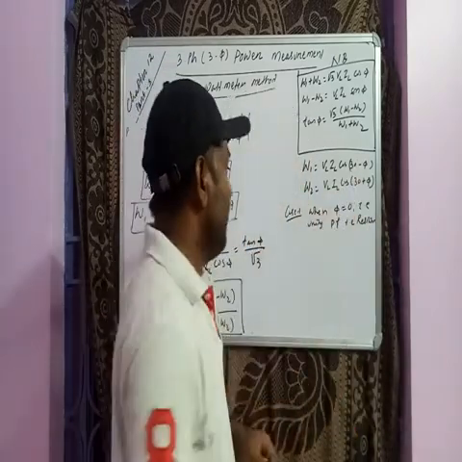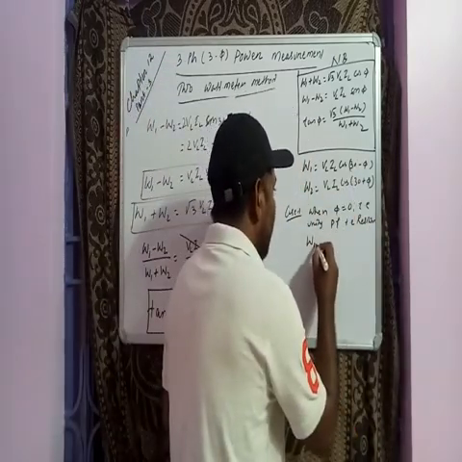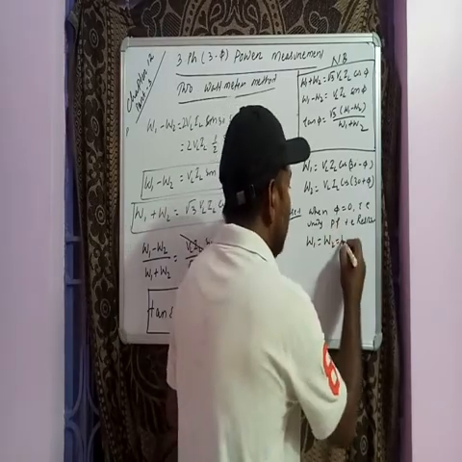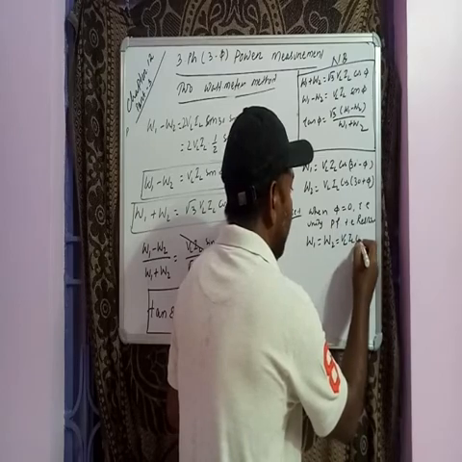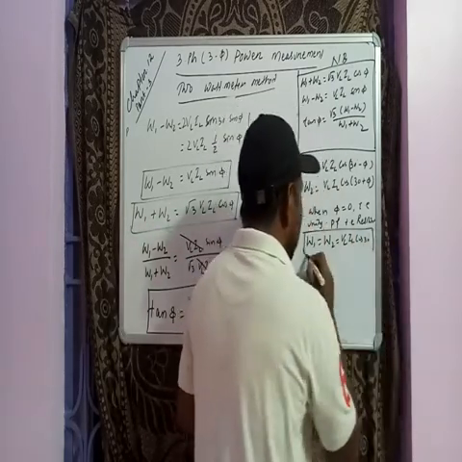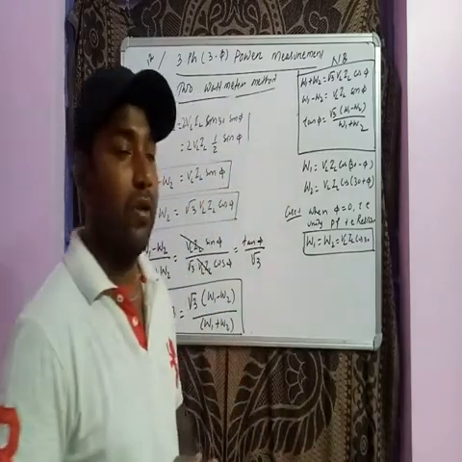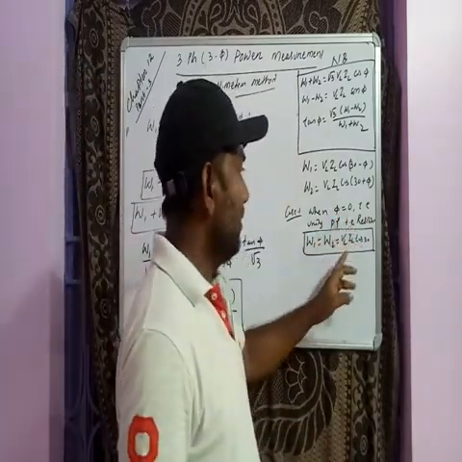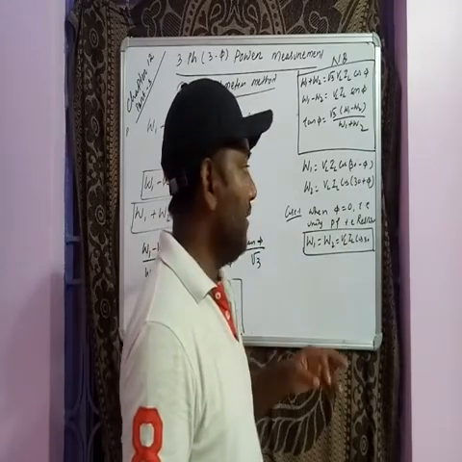Phi is 0, then at that time W1 is the same as W2. How much is it? VL IL cos 30 degree. Getting this?